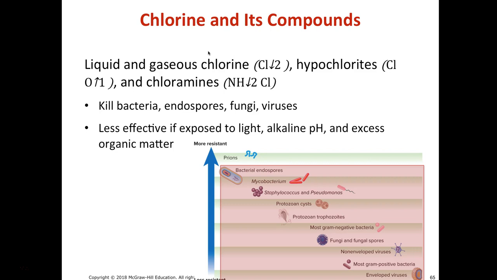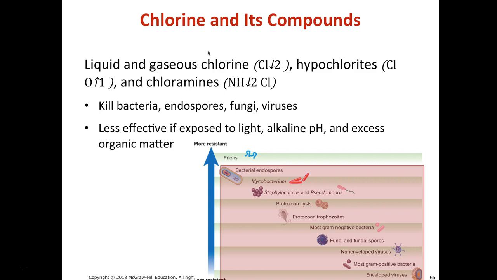Chlorine has a couple different forms that we use. First, we have our liquid or gaseous chlorine, and that is going to help us to disinfect water for the most part. Next we have our hypochlorites, and these are going to do a lot of things for us. You probably know it as household bleach, which is a weaker type of hypochlorite. It is sodium chloride.